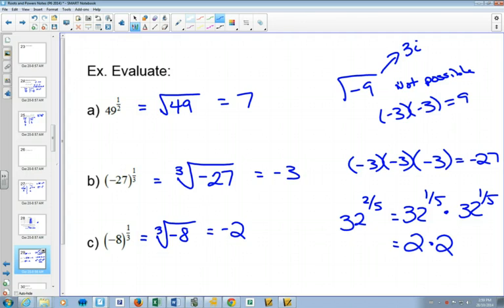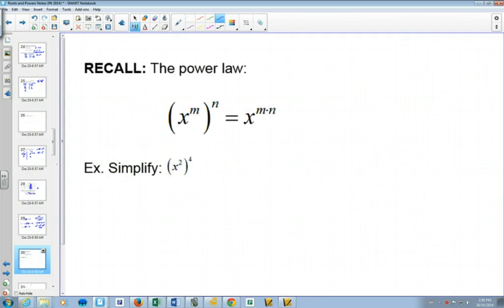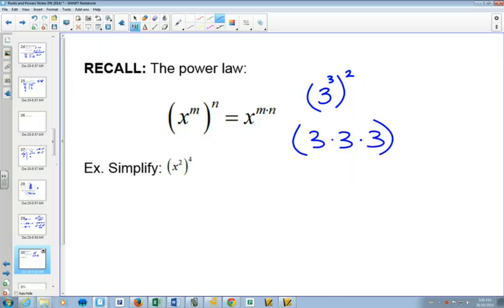Another way we can think about doing that is remembering our power law. Again, you can figure this out by going back to the definition of what an exponent means. 3 cubed means 3 times 3 times 3. So 3 cubed squared would be 3 times 3 times 3 squared.